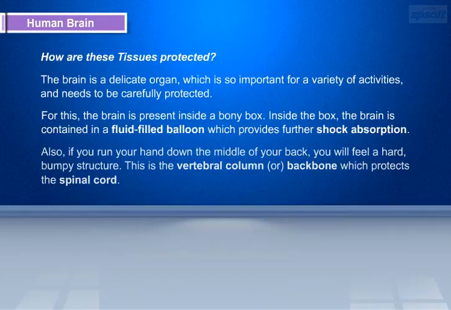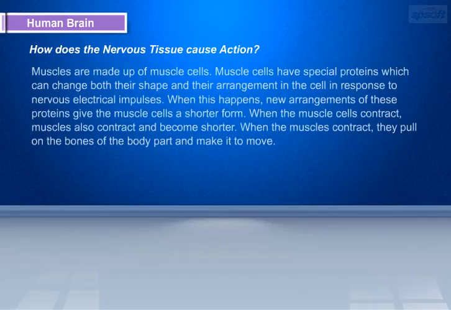Till now, we have discussed the nervous tissue and its function in regulating the impulses. Now, let us describe how muscles, or effectors, are able to move in response to electrical impulses and cause action. How does the nervous tissue cause action? Muscles are made up of muscle cells.